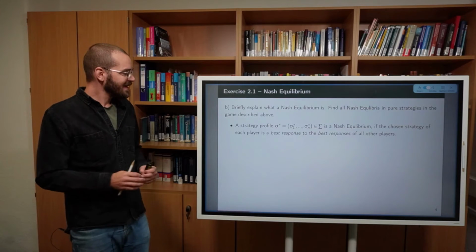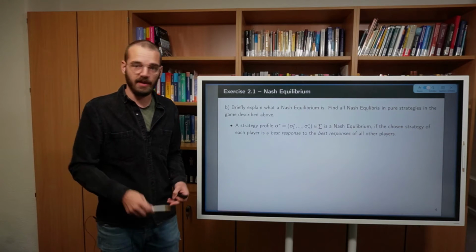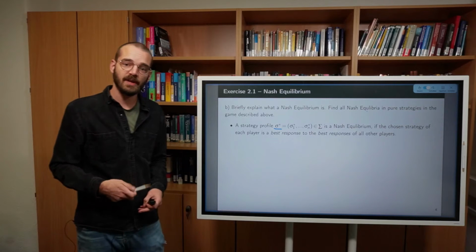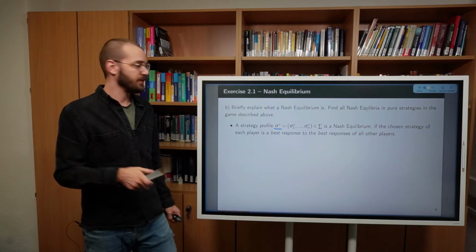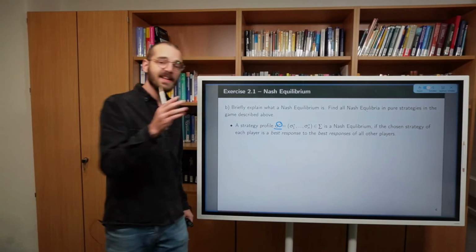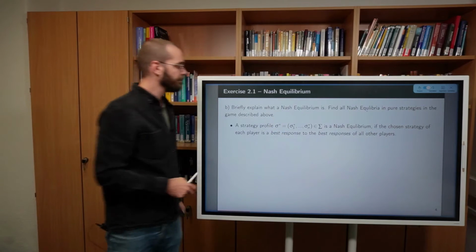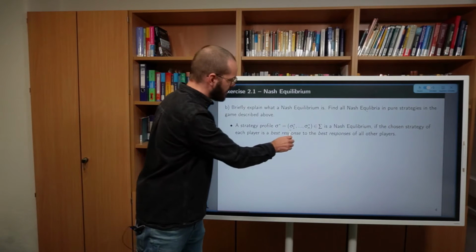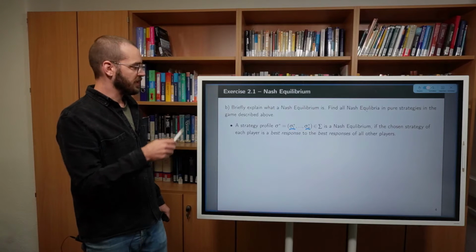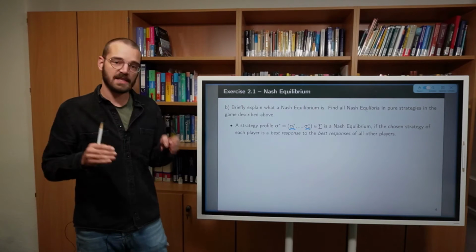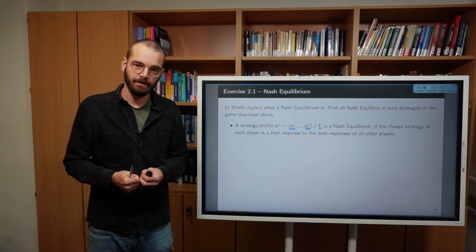A Nash equilibrium is a strategy profile, and strategy profiles, as defined earlier, are denoted with a lowercase sigma, and because it's an equilibrium, we stick to our convention of marking equilibria with an asterisk. So the strategy profile sigma star, which of course contains one strategy for each player, is a Nash equilibrium if the chosen strategy of each player is the best response to the best responses of all other players.